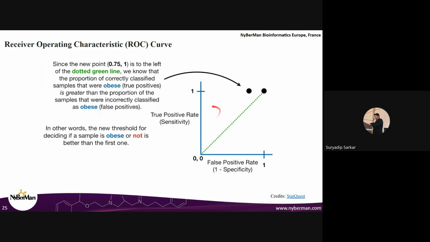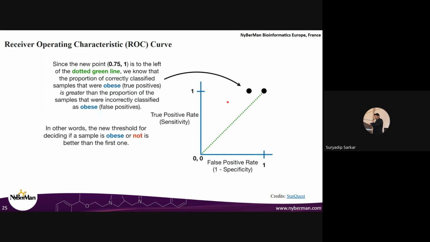So this basically means that anything to the left has a higher proportion of samples which were correctly classified as obese, and a lower proportion of samples which were incorrectly classified as not obese, to be very technical with you guys. So we want points to lie to the left of our dotted line or baseline.